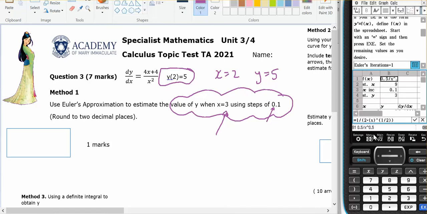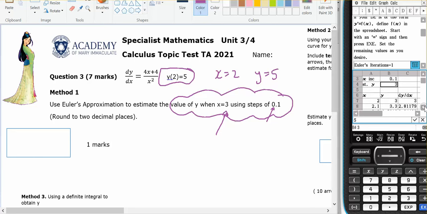Looking here, I've got my expression for the derivative, which is 4x plus 4 divided by x squared. My starting x is 2, my increase is 0.1, my starting y is 5.